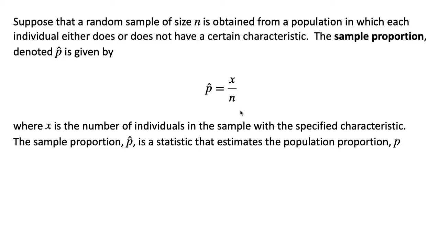And n would be the total number that was sampled in my sampling. So this is how p hat is computed. It's just this little fraction if you ever have to compute this.